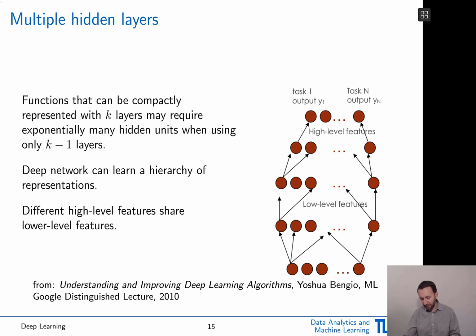And then just on a more informal level, how you can interpret these kind of layers, I said it already a couple of times, you can interpret it as some kind of representation you have extracted, you have learned from your data. So you start with the raw data, and then in the first layer you have extracted some, intuitively speaking, low-level features which describe your data, and then the higher you go in your hierarchy, the more high-level are these representations, these features.